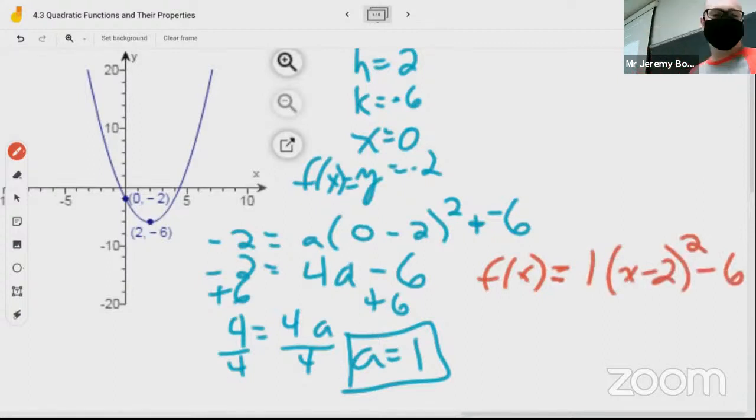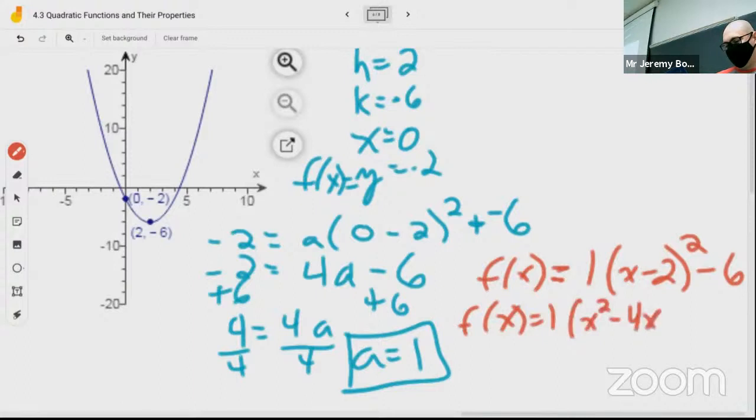So I'll just write it as -6. So we're going to expand that term that's squared. We're going to say f of x is equal to 1 times (x squared minus 4x plus 4). And we still have the -6.